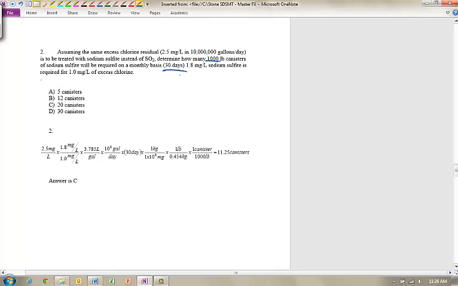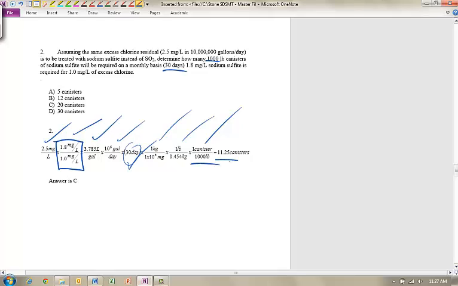Just more unit conversions. We take our 2.5 milligrams per liter, and then we have this relationship of chlorine to sodium sulfite, convert gallons to liters, flow rate, 30-day, this would be on a monthly basis, milligrams to kilograms, kilograms to pounds, and then the number of canisters required. We get 11.25, or 12 canisters, rounded up, since they don't sell these in half canisters.